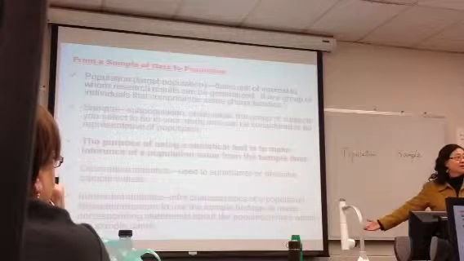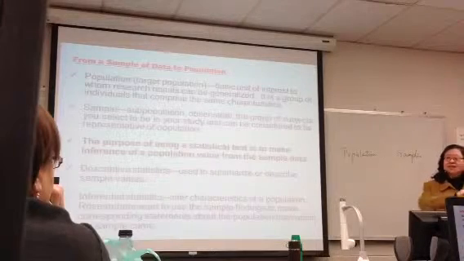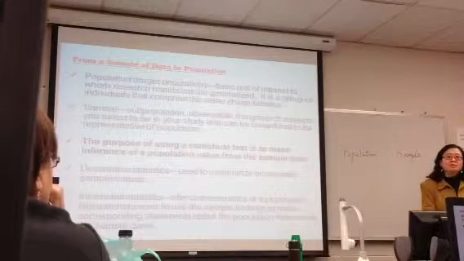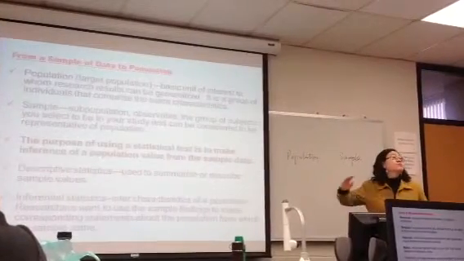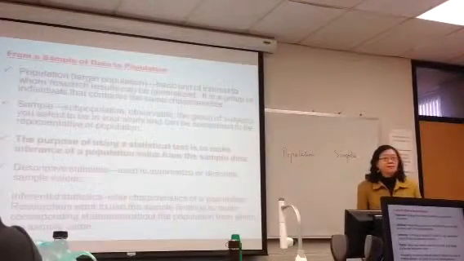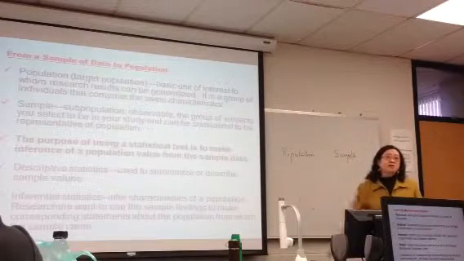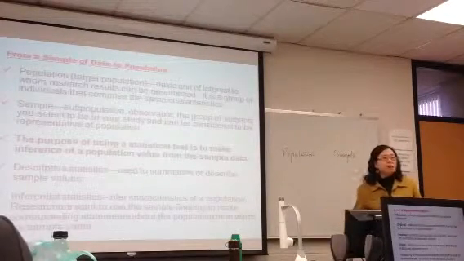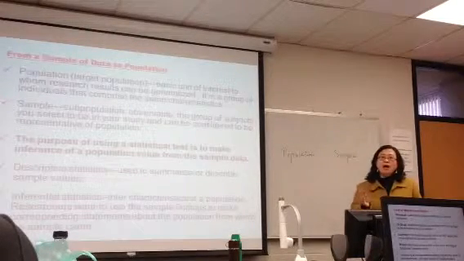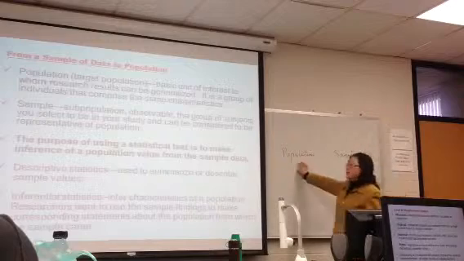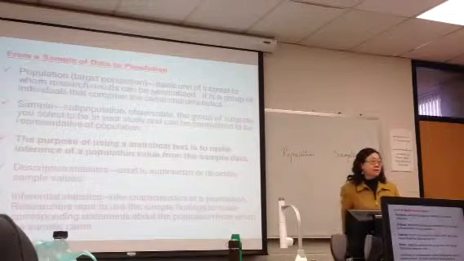Even if you spend the rest of your life collecting 7th grade students' reading proficiency, after that another group of people comes. So it is dynamic and unobservable. It is impossible to include every individual in this population in your study.